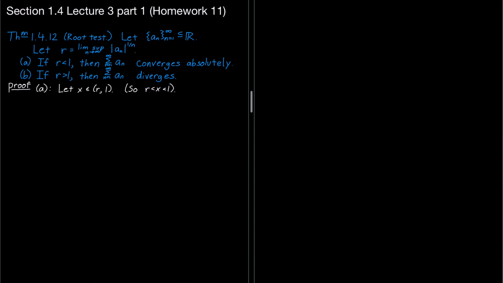So our limit as n goes to infinity is R, so there is an n.